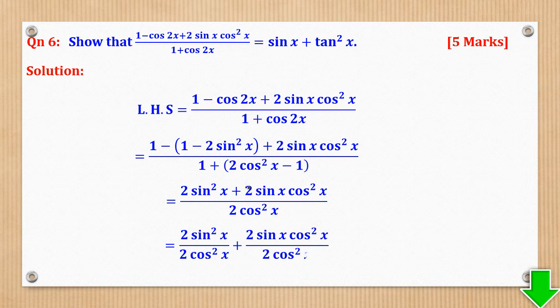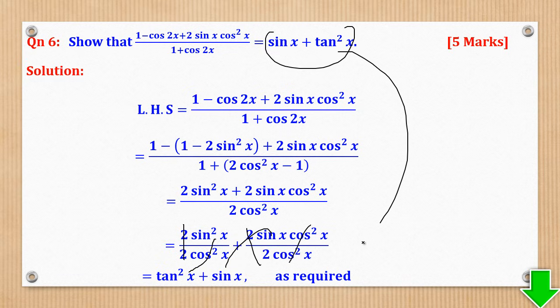And also you realize that if I split the numerator, okay, here what I chose, I could split the numerator. When I split the numerator, I'm going to come up with this over this, and also this over this. So there you can see that this goes away, you remain with this, which is tan squared. This goes away, you remain with sine x. And that's what they wanted.